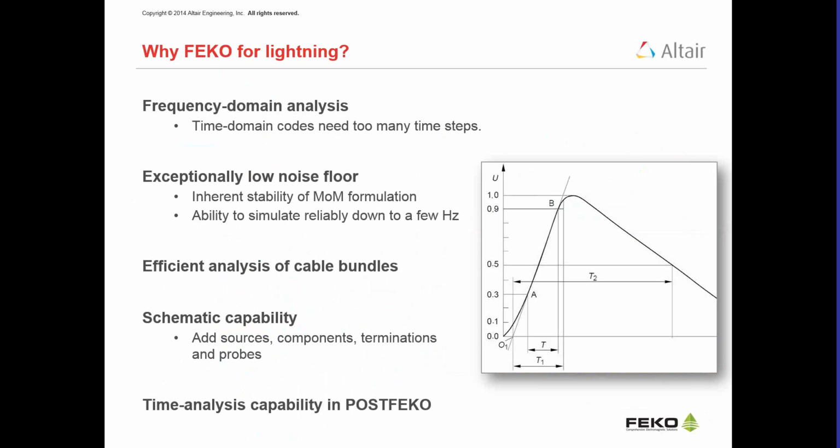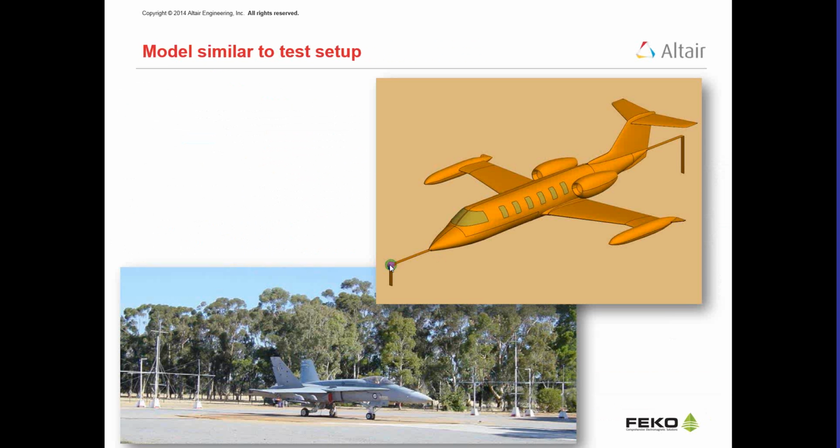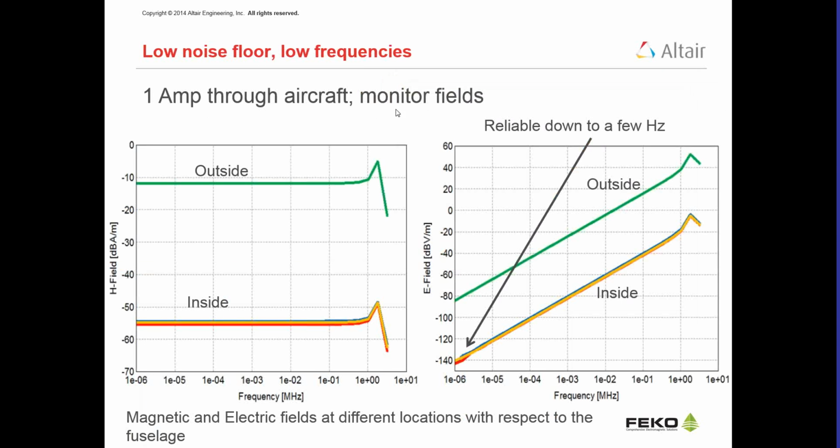Here is an example of a fighter, a typical aircraft that needs to be tested for lightning. Normally they have a port here where you inject the current and also ground on the other side. So essentially you're sending the lightning currents through the aircraft and then grounding them here. If you send 1 ampere through the aircraft and monitor the fields outside, obviously they are much higher, the green line here.